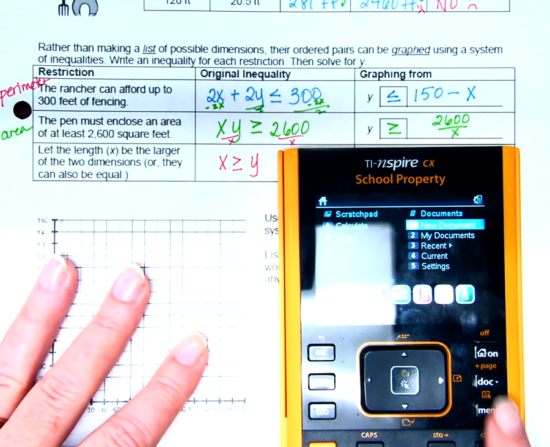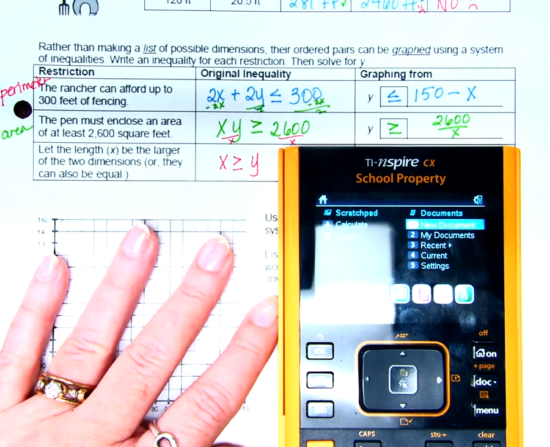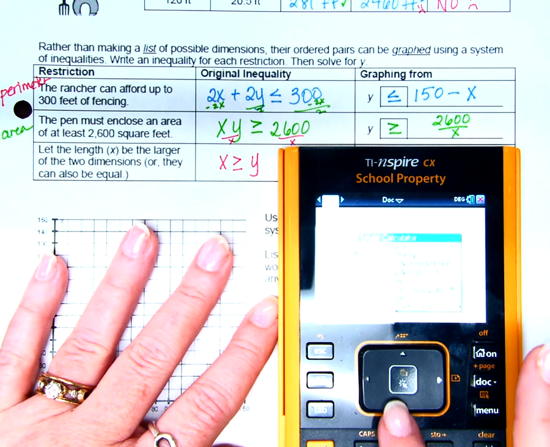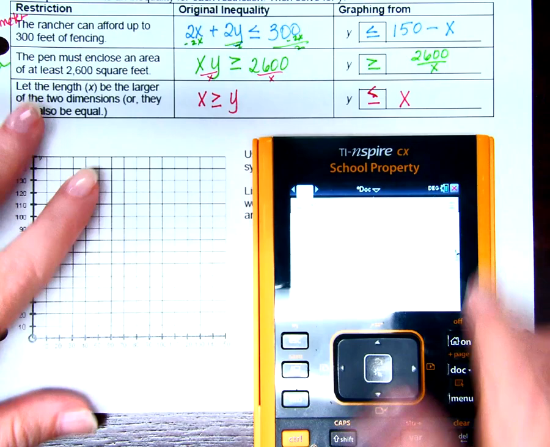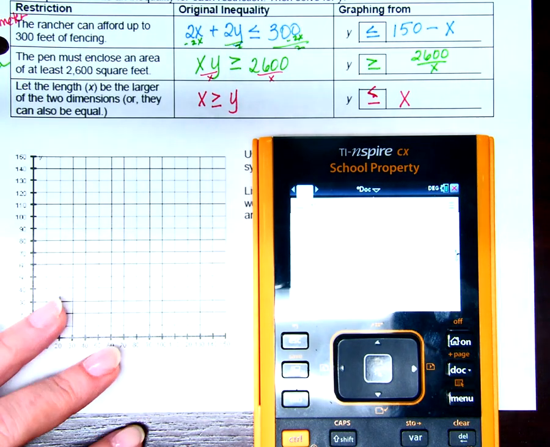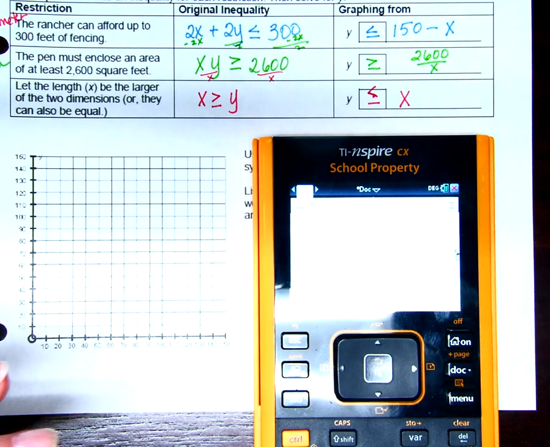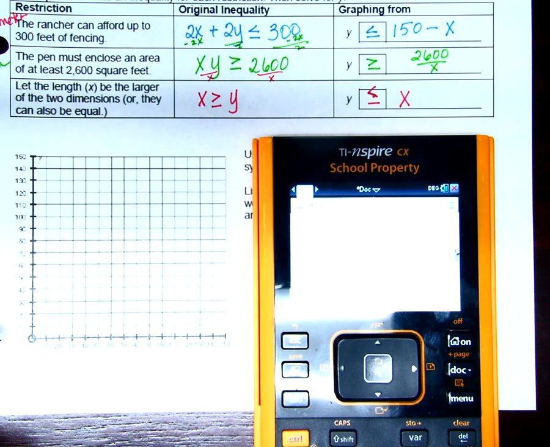I'm going to start a new document that is a graph. But the way we're going to let our calculator help us with this is, first of all, we're going to put these three equations in. I'm not going to try to graph the inequalities. If you'll give me just a second, I'll tell you why that's a terrible idea, okay? But I'm going to go ahead and put these equations in.